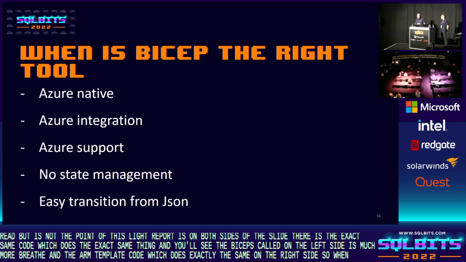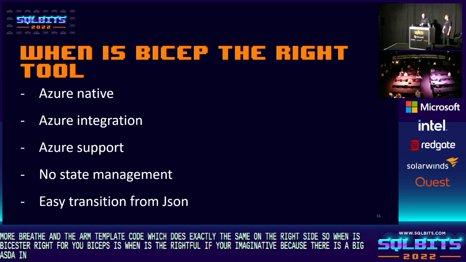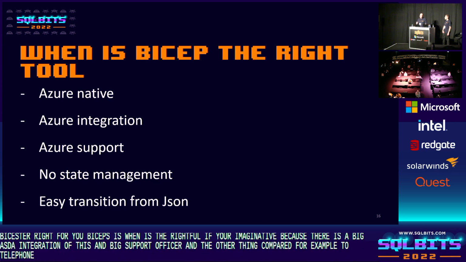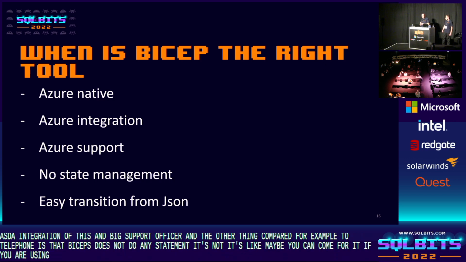So when is Bicep the right tool for you? Bicep is the right tool if you're Azure native, because there is a big Azure integration and big support of Azure. And the other thing, compared, for example, to Terraform, is that Bicep does not do any state management. Maybe you can compare it to using SQL projects in Visual Studio.